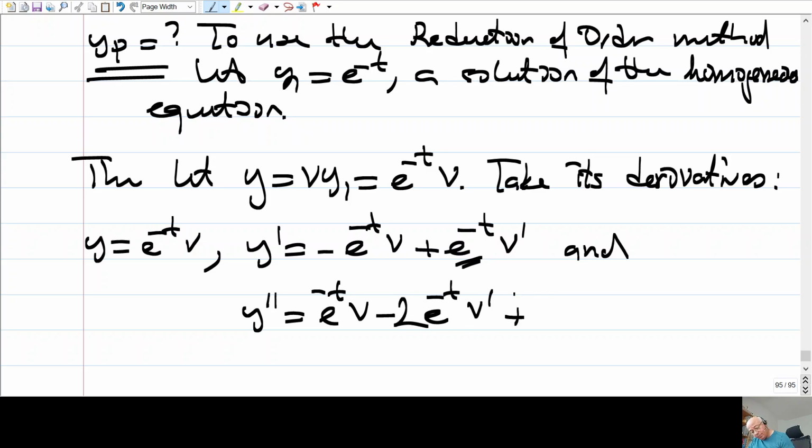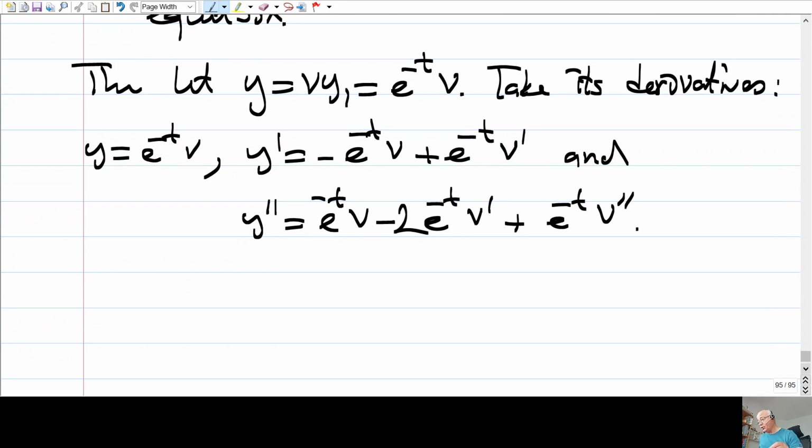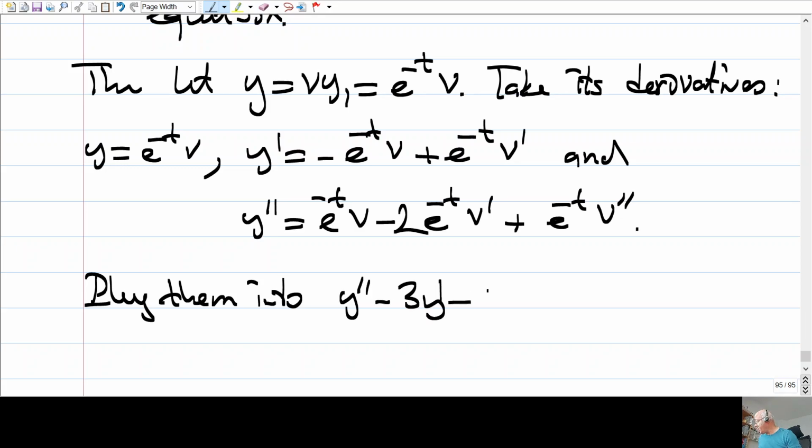So I have 2 times this, plus e to the power minus t v double prime. And we plug all these into the equation. So plug them into what? y double prime minus 3y prime plus 4y equals 3 times e to the power 2t.